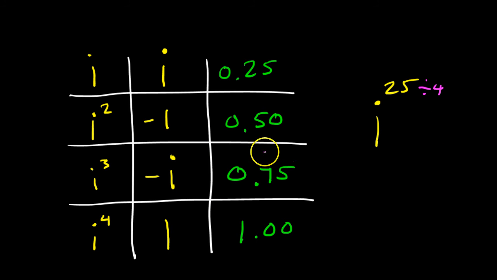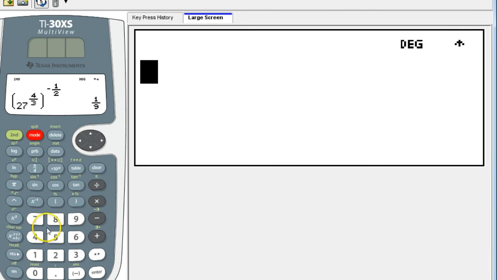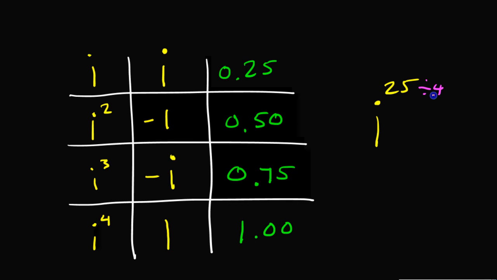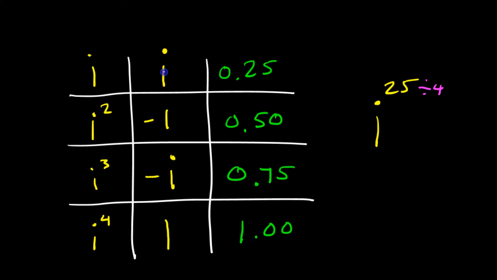And it just helps you to figure out which one of the 4 possibilities you fall into. So 25 divided by 4 would be 6.25. It's the decimal part that's important. The 0.25 tells us that we're in situation number 1, and the answer would be i.